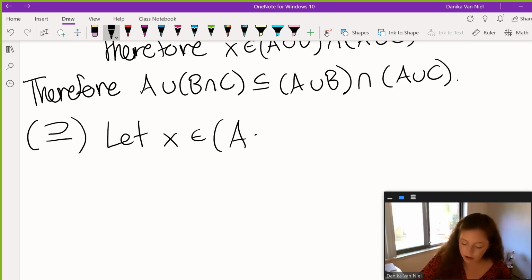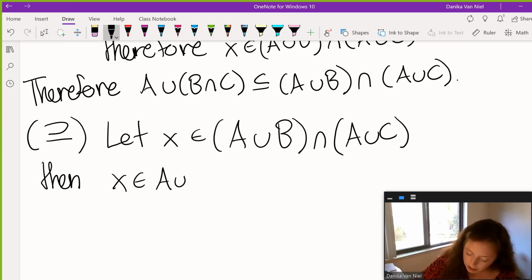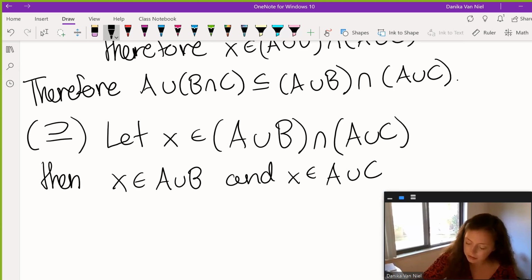So I grab it from over here. X is just some random element over there, and now I want to show that it's in A union, the set B intersect C. So what does it mean to be in this set? Well, it means X is in A union B, and X is in A union C.